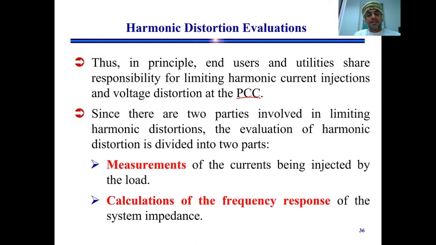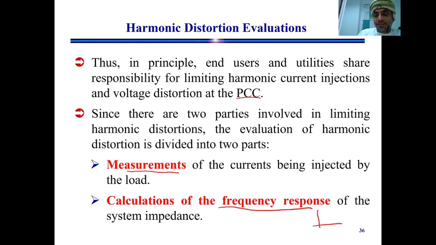Since there are two parties involved in limiting the harmonic distortion, the evaluation of harmonic distortion will be divided into two parts. The first part is measurement of the currents that are injected by the load. Then we also need to calculate the frequency response. That means we need to plot the system impedance response with respect to the frequency.